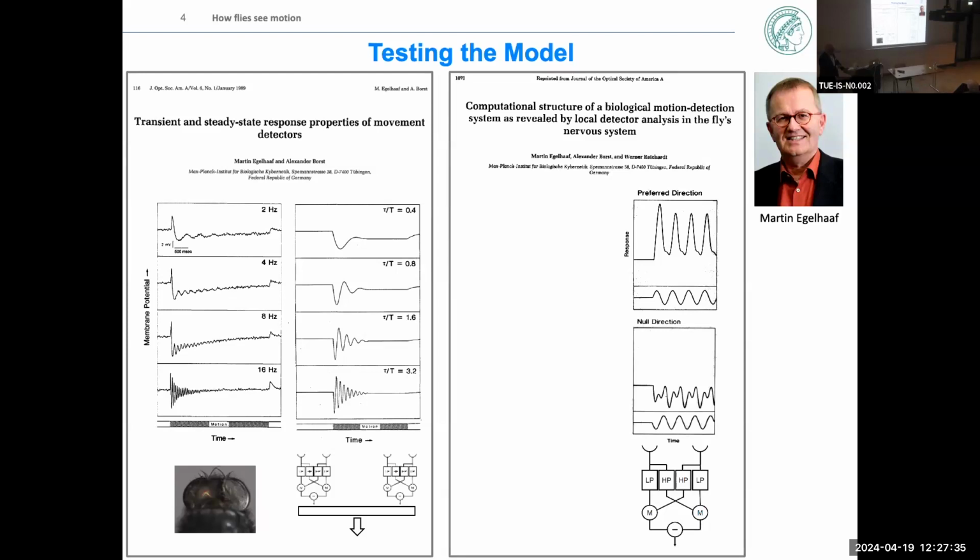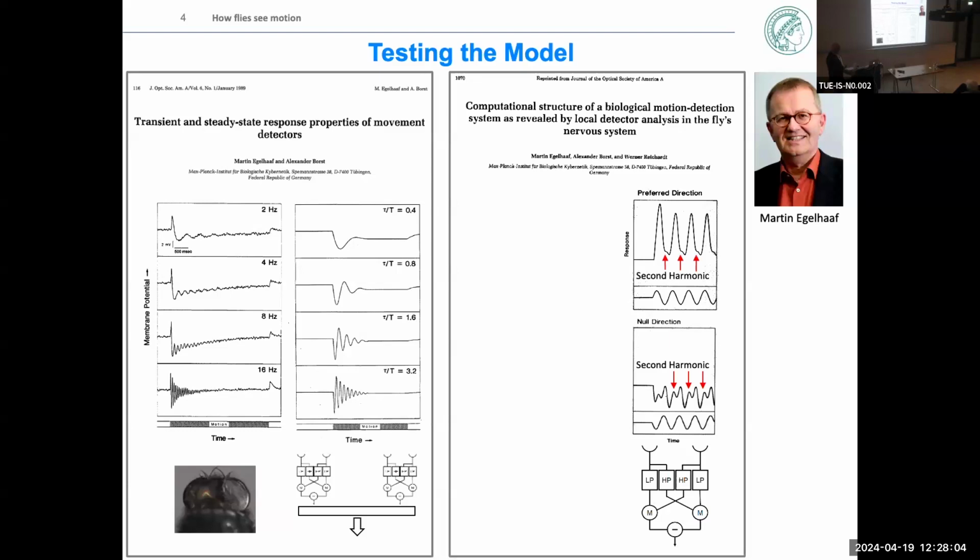In response to preferred direction motion, this computer simulation of a single motion detector predicted an ongoing modulation with exactly the temporal frequency of the grating. For null direction, we saw something else, and that was the second harmonic, which comes about by the multiplication of two sine waves. And that was very intriguing.